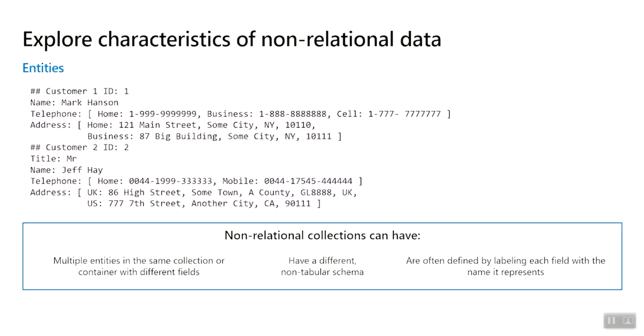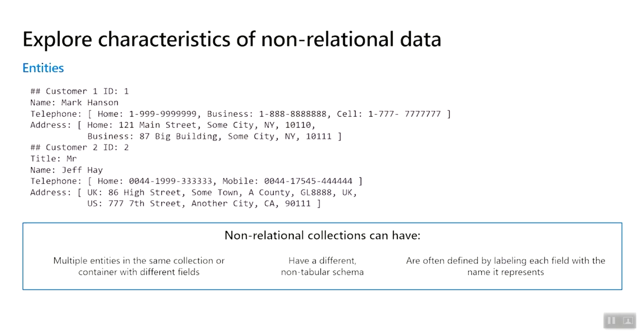Each entity should have a unique key value. For example, the ID needs to be unique. So the entities in the collection are usually stored in some key value order. For example, the keys here are ID, name, telephone, and address, and the values would be 1, Mark Hansen, and the phone numbers and addresses of Mark Hansen.